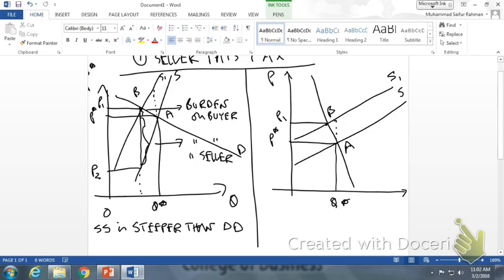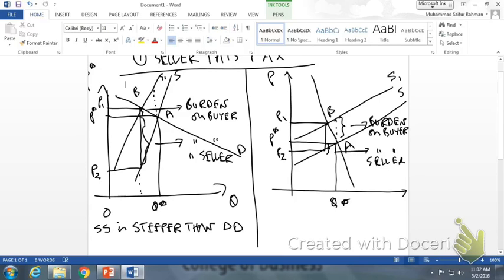And in order to find P2, I go to the original supply curve, and now the difference between P1 and P star is the burden on buyer, and the difference between P2 and P star is the burden on the seller.